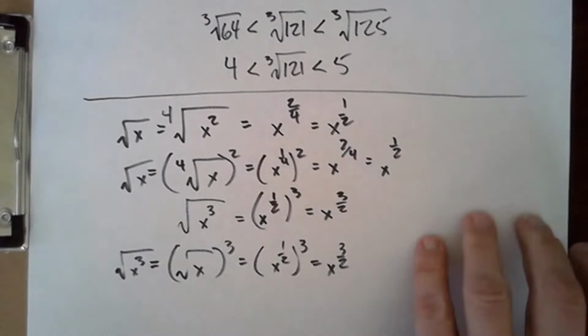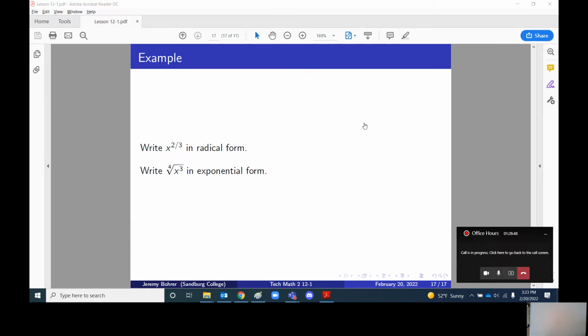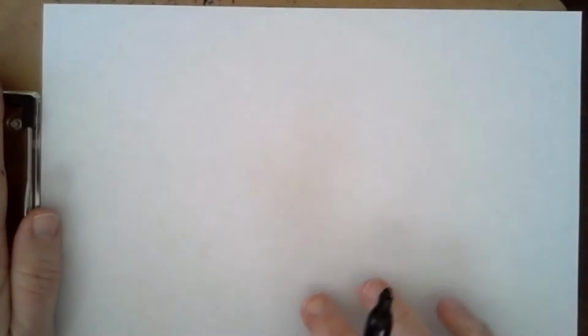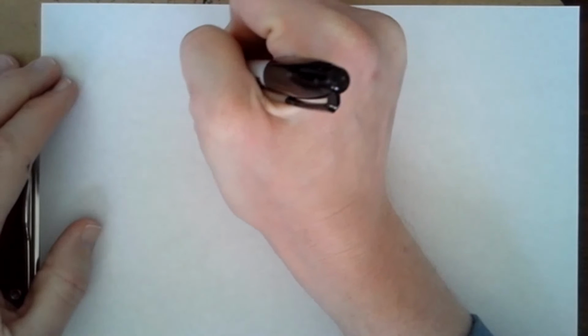All right, so these are the last problems for this section. Just asked to write x to the 2/3 in radical form and the 4th root of x cubed in exponential form. So x to the 2/3 is, of course, our exponential form.